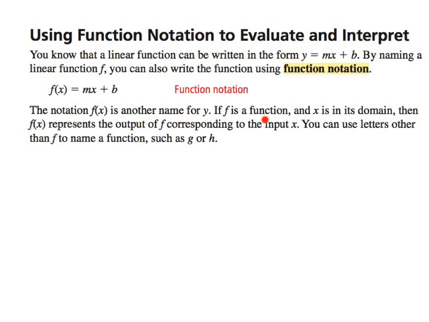If f is a function and x is in the domain, then f of x represents the output. I want you to think of it like this. x is in the domain. This is really just y. y represents the output. So does f of x, because it represents the output of f corresponding to the input x. You can use letters other than f to name a function, such as g or h.